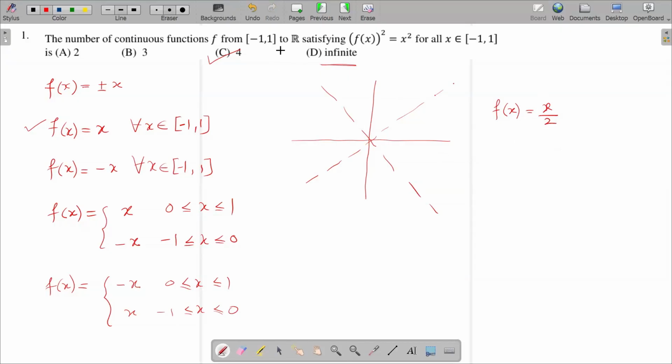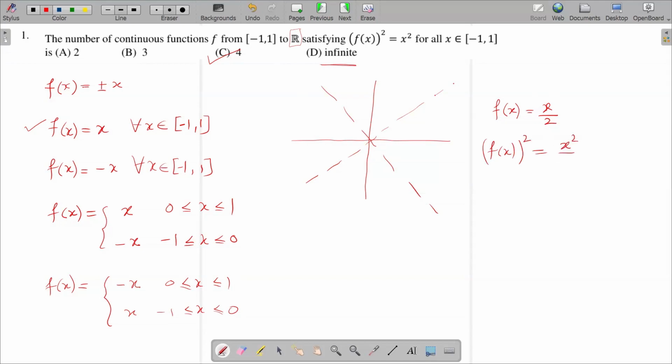But it doesn't matter. Codomain is R. So whether you take 2x also, x is coming from -1, 1. Images need not be in -1, 1. Codomain is given to be R. But anyway, you can look at x by 2 for that matter. It's okay. But then what will happen to f(x) square?